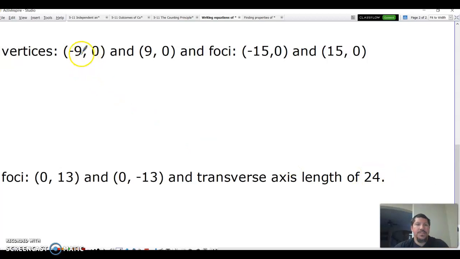Alright, so vertices are at negative 9, 0, and 9, 0, and the foci are at negative 15, 0, and 15, 0.